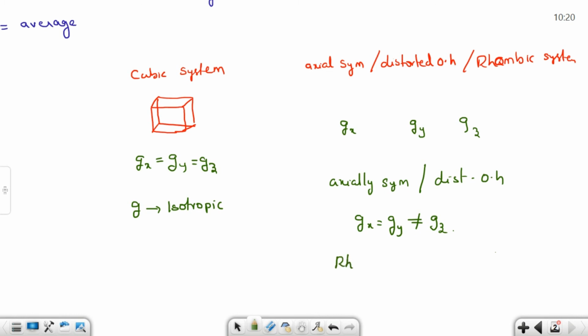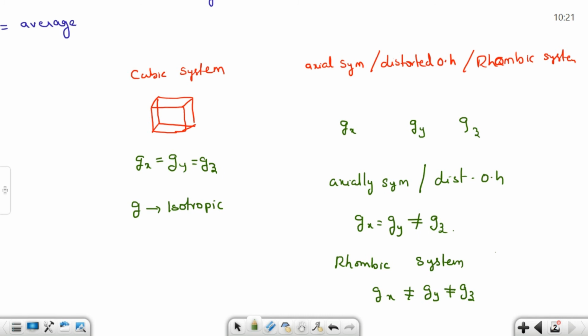In the case of a rhombic system, Gx is not equal to Gy, which is not equal to Gz. The G value is different in all the directions.